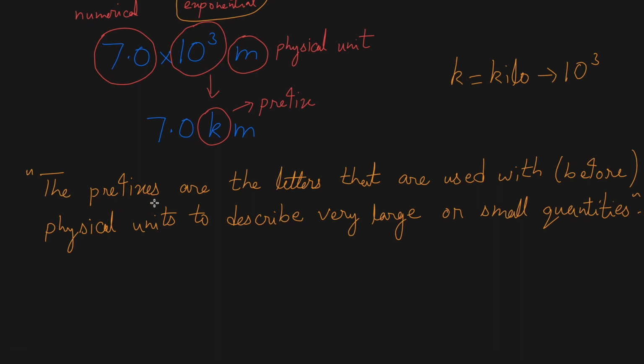Also, why do we use prefixes instead of the tens exponent? Because it makes it easier and more convenient to write, and it is also easy when you're trying to explain something verbally to another person.